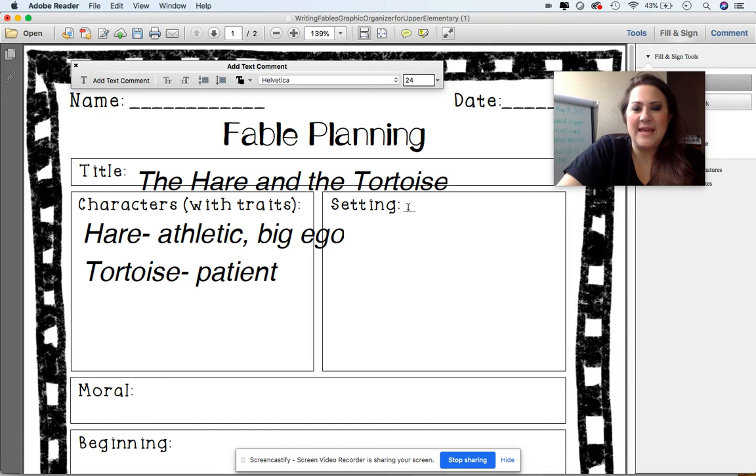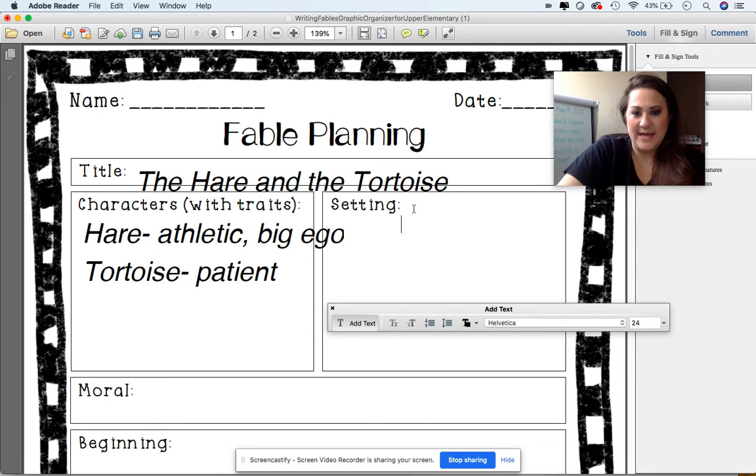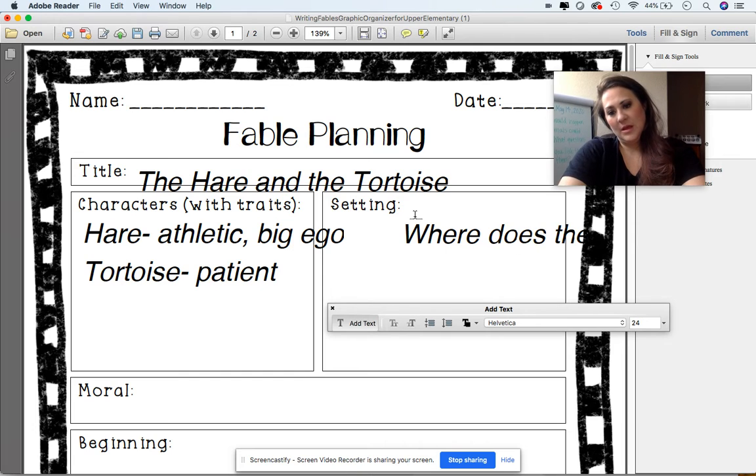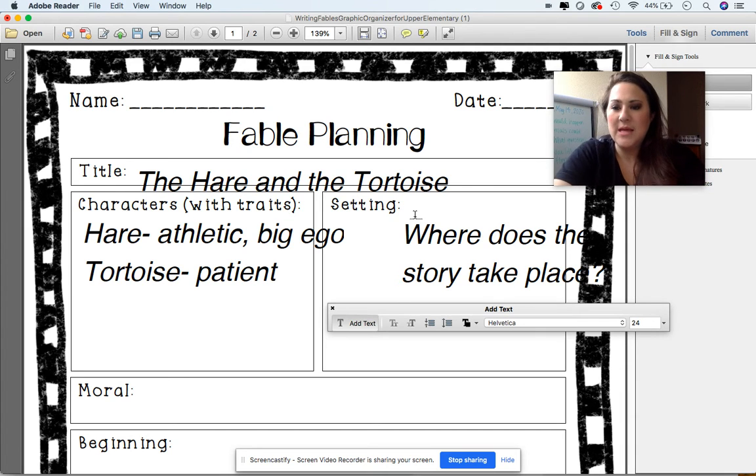Remember, the setting is where the story takes place. So for the hare and the tortoise, it took place in the woods on a track that was put together for a race.